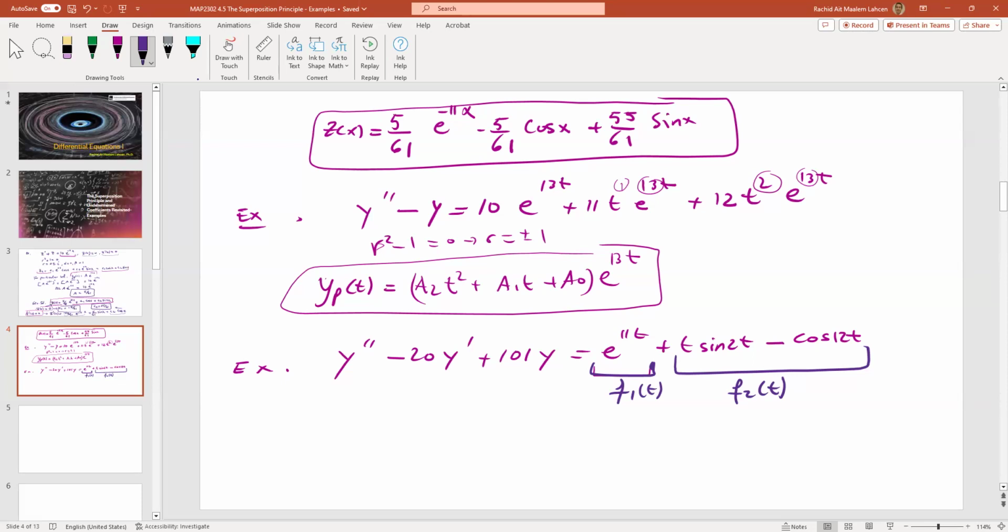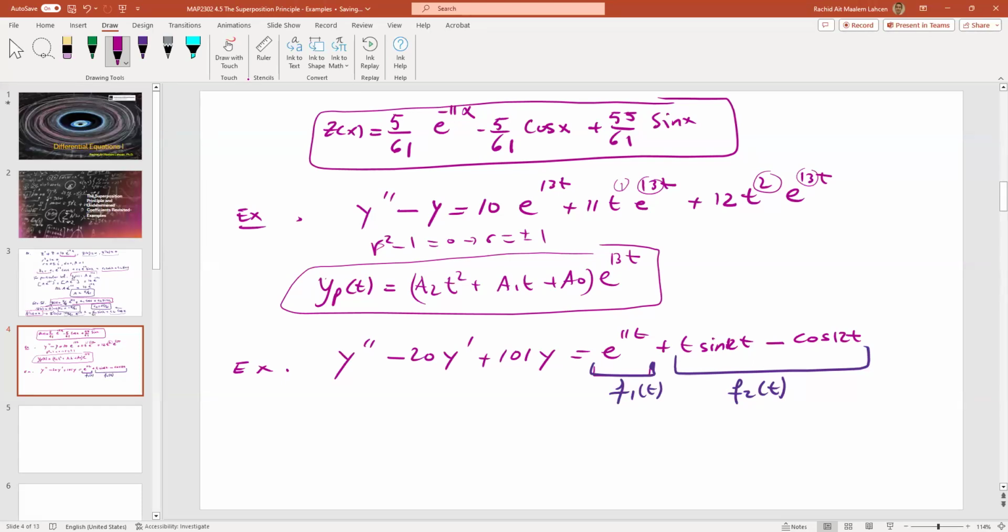In this case, they're complex and they're not matching the 12 for the beta and the alpha.